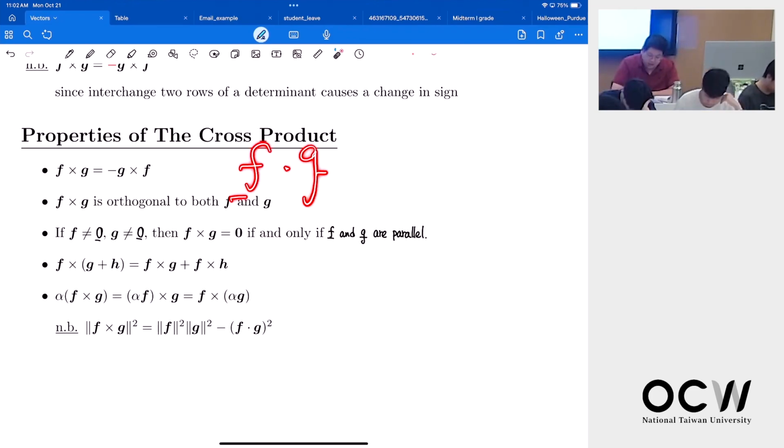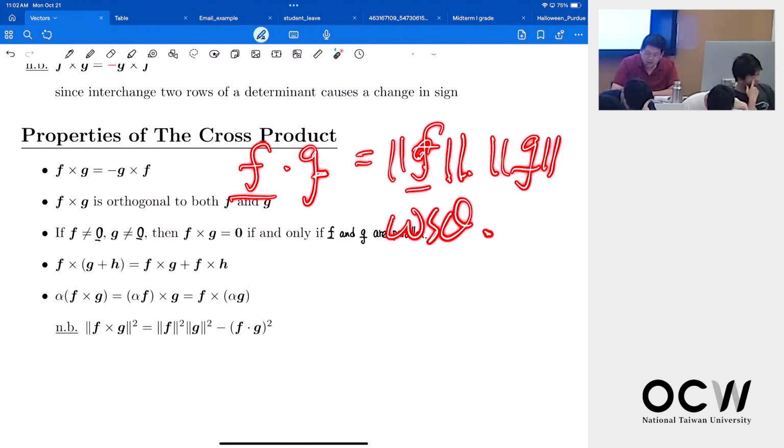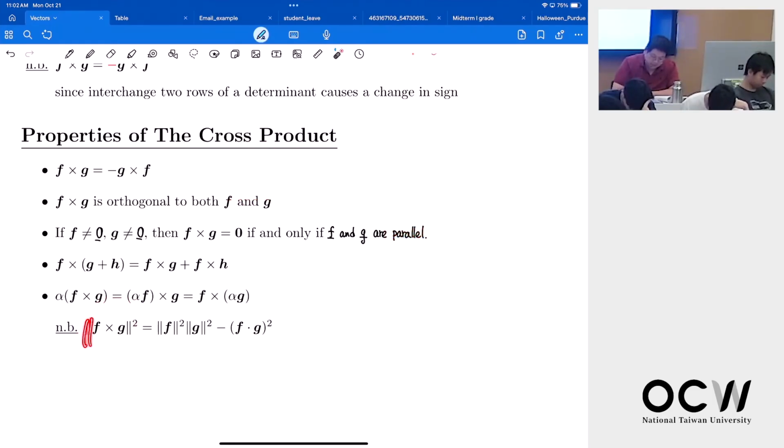We know that for the dot product, I get the product of the magnitudes times cosine theta. And because I take the norm, finally it should be a scalar.